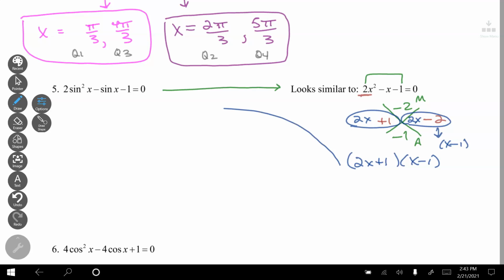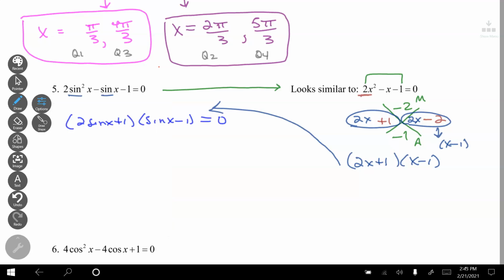Well, now I'm going to translate it, but instead of using x, I'm going to use sine of x. See, there's these signs here. So when I factor this, I get 2 sine of x plus 1, sine of x minus 1 is equal to 0. It's really the same process, but instead of having x, I'm doing sine of x.